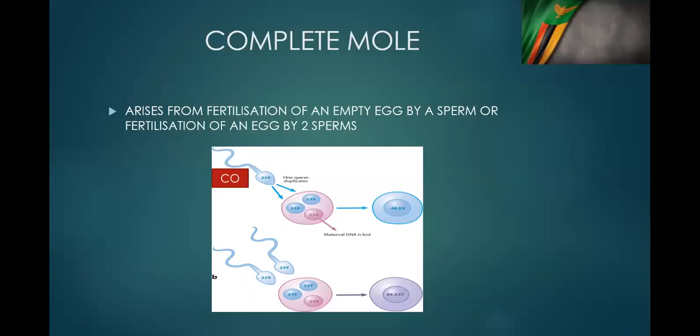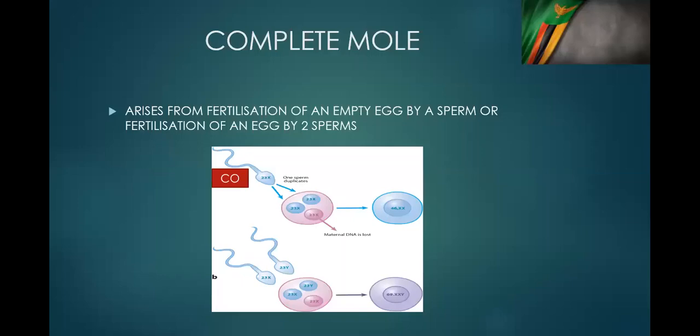So it's as good as not having genetic material there. Once this is fertilized, it makes what is called a complete mole. So you have a sperm that fertilizes an empty egg. The egg has inactive genetic material, or no genetic material at all, then the sperm goes into it.